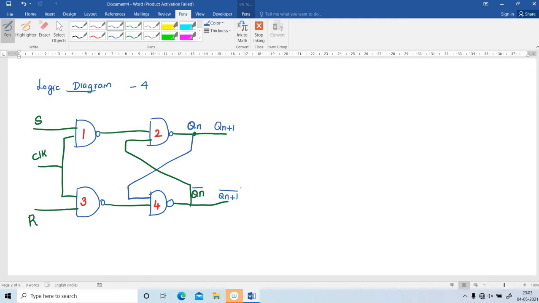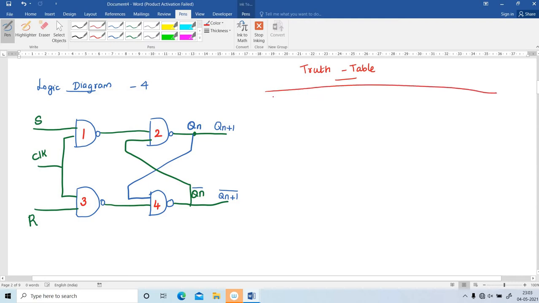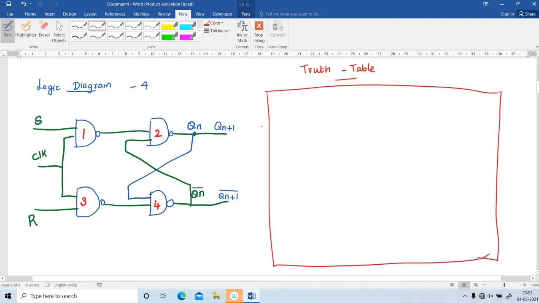After finishing the logic diagram, I am going to draw the truth table. Here I am going to explain how to draw the truth table for SR flip-flop. This SR flip-flop is known as clocked SR flip-flop. So in a clocked SR flip-flop, the clock signal is used as an input.